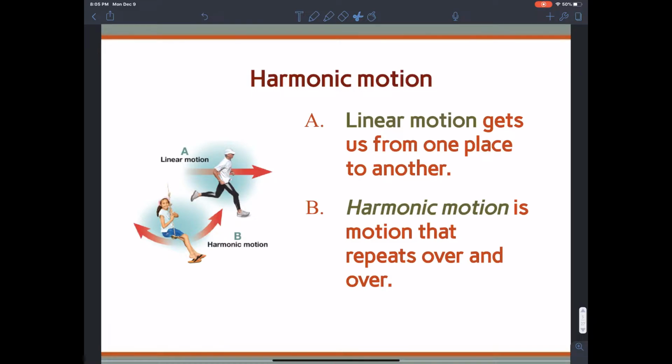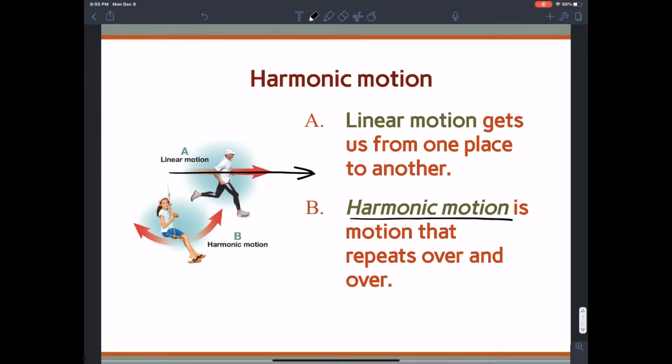Everything so far has been in a linear fashion, something that is in a straight line like this. But when we're talking about oscillators, the example I just showed you with the pendulum swinging back and forth, that's what we would describe as an oscillating object that is in harmonic motion, something that's going to continue to repeat itself over and over again.